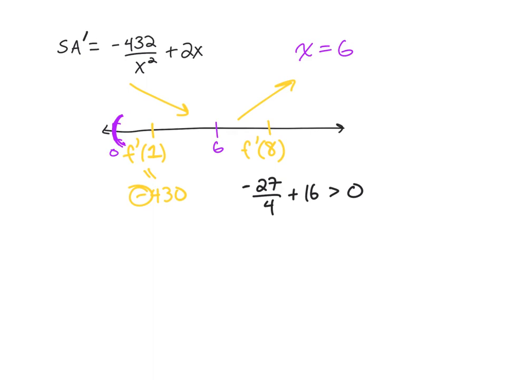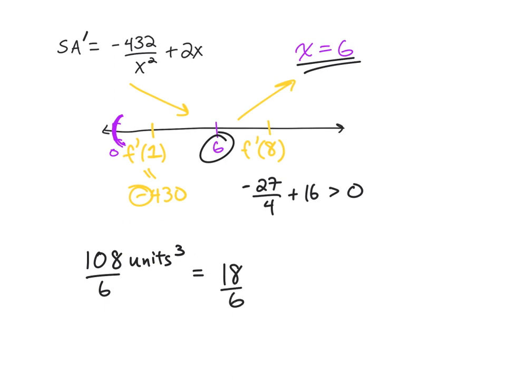So since we knew the original box had a volume of 108 units cubed, and we know the base would be 6 by 6 because that's the x that we found, that means we can divide 108 by 6 to get 18, and we can divide it by 6 again to get 3.